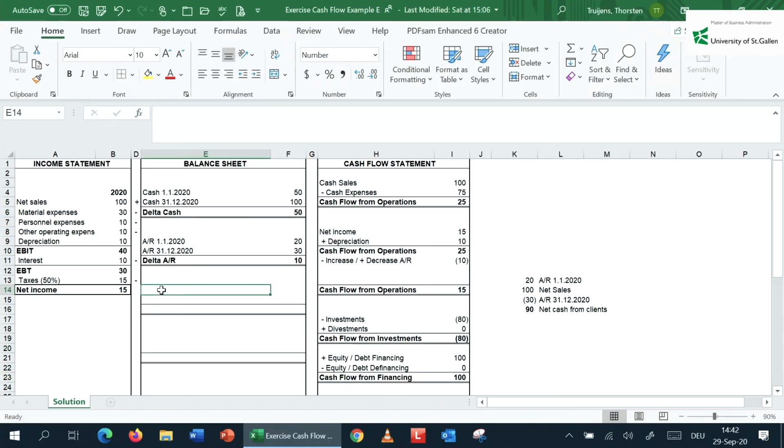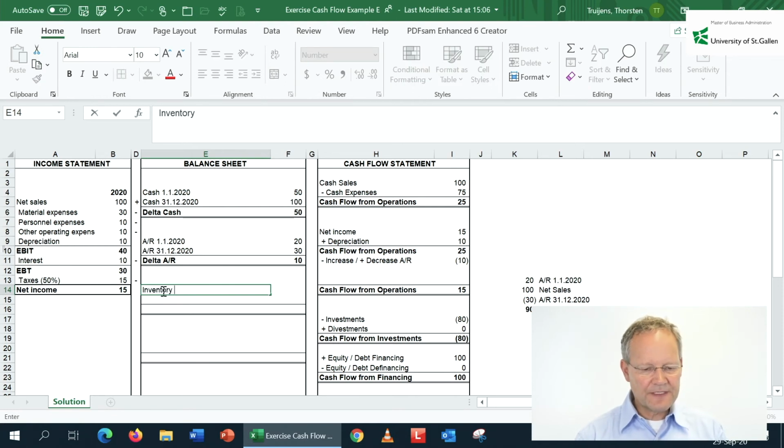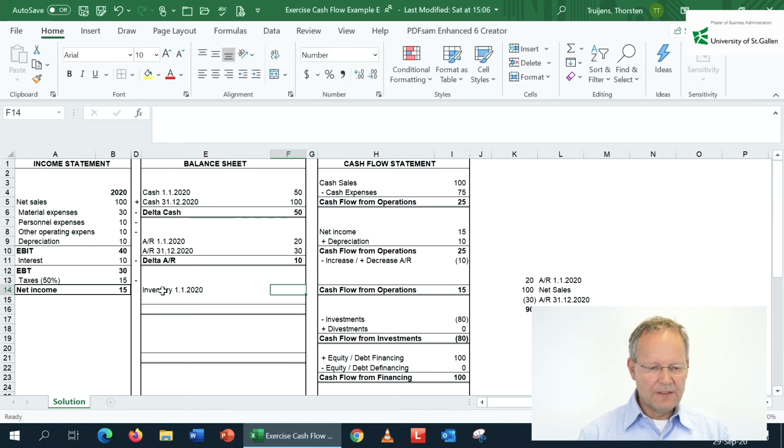So let me give you some numbers. Let's assume that our inventory in this company on the 1st of January was 30 euros. So we had 30 euros of inventory in our balance sheet.